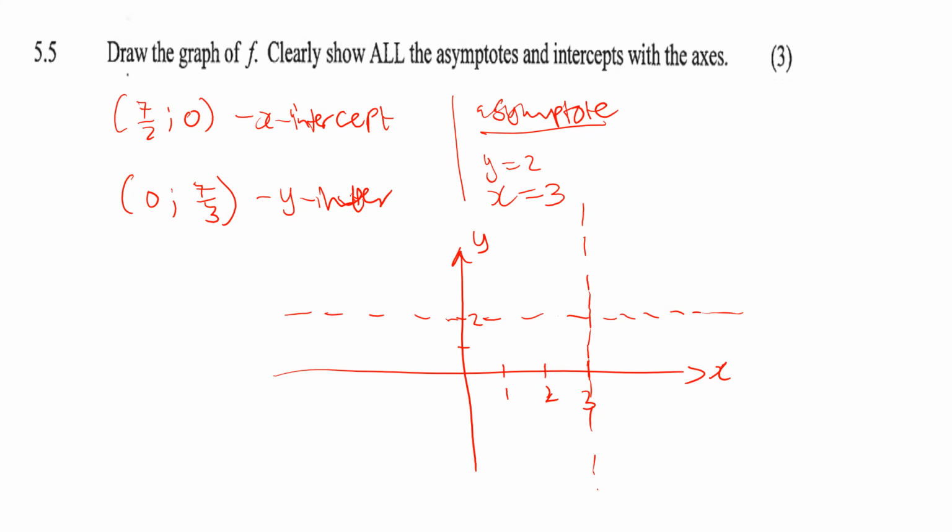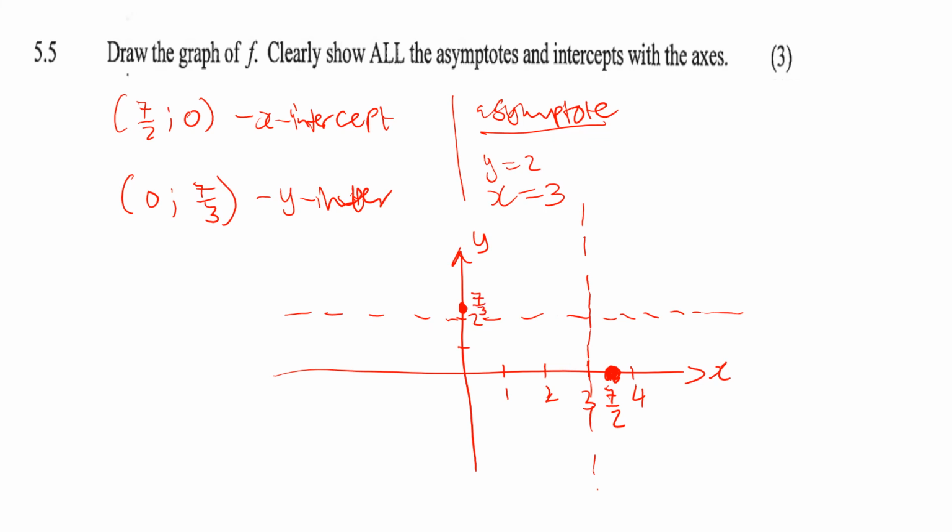Then the x-intercept is 7/2, which is 3.5. So if this is 4, then 3.5 is somewhere here. This is our x-intercept. Our y-intercept is 7/3, right? And 7/3 is the same as 2.33. So it's somewhere there, closer to 2. That's our y-intercept.